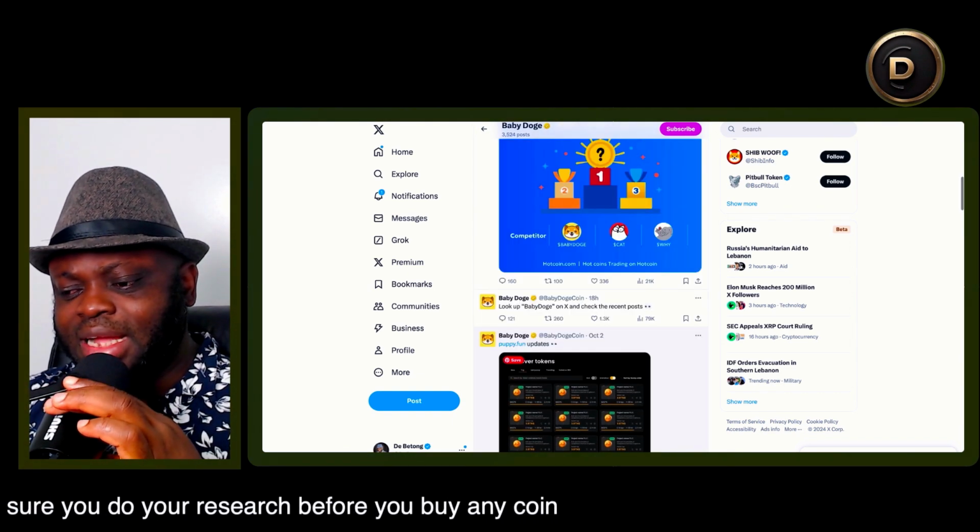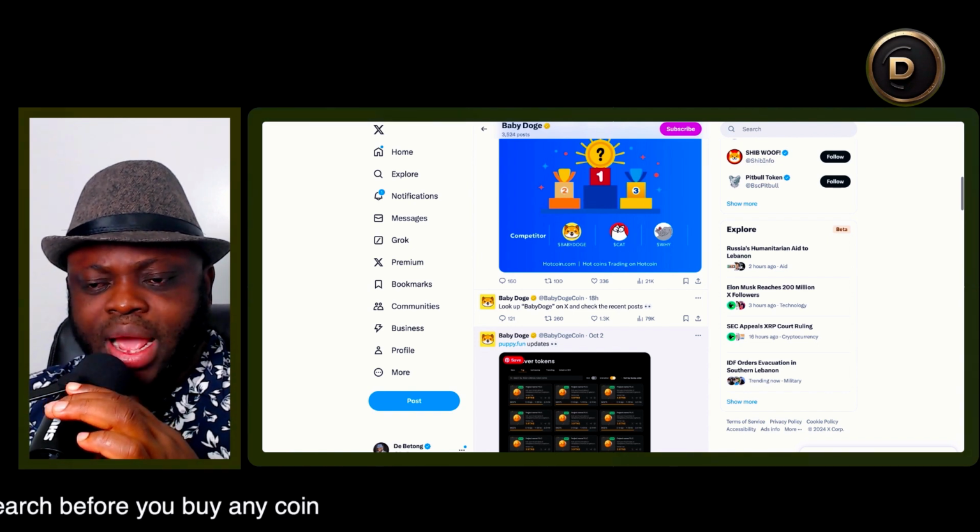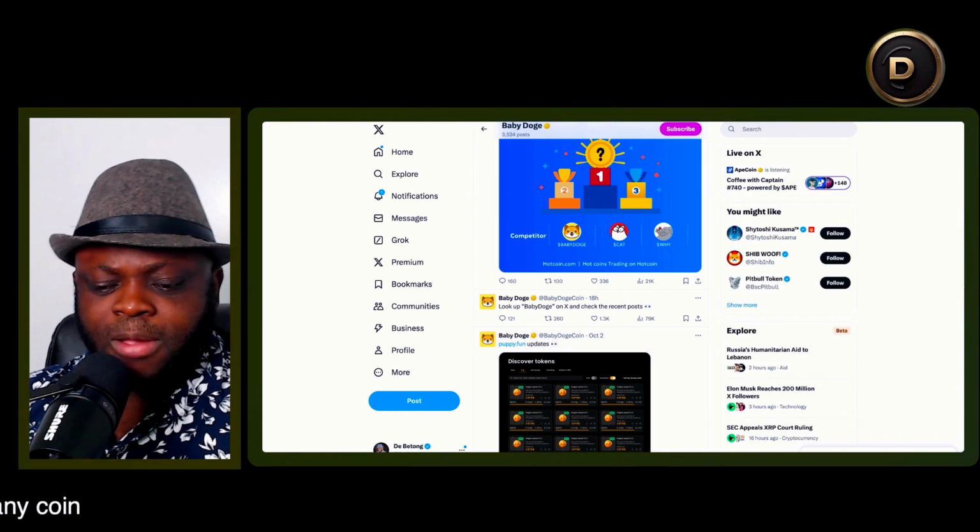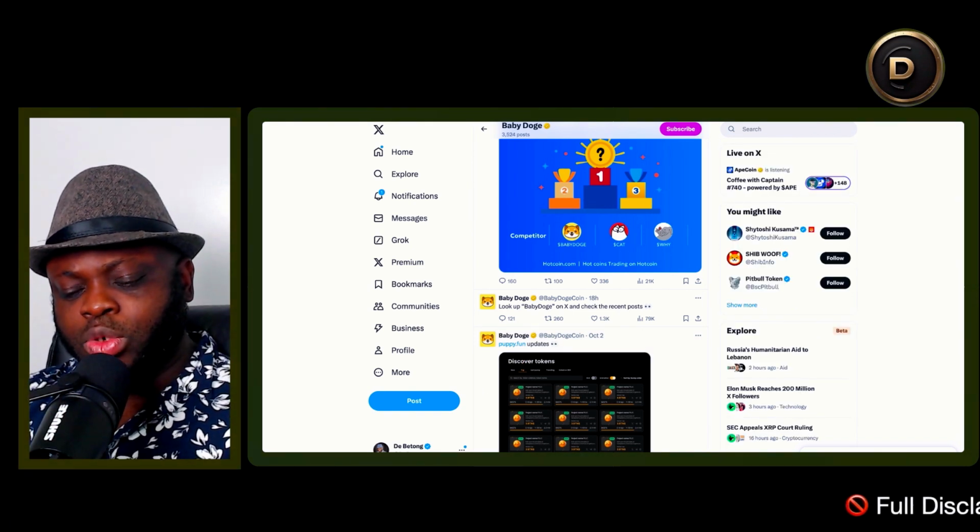So to an extent, guys, I would say that where we are with Baby Dogecoin is crucial. And if you are a Baby Dogecoin investor, then now is the time for you to start looking at opportunities to DCA. And if you are a Baby Dogecoin trader, trading this baby on exchanges, then make sure you look at the lower time frame from what I've shown you guys, and look at those zones that I've marked.